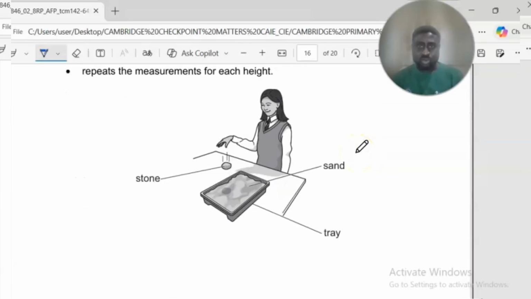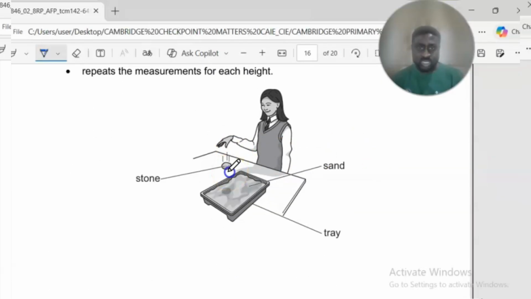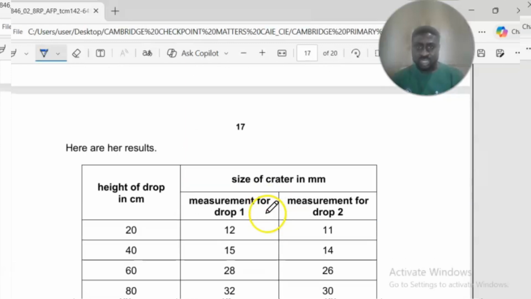So let's go back to the model again, or the image, as you can see. So if this drops here and forms a crater, how do you measure the height from here to here, or the distance or the size covered? So to do this, you will need to use a rule or ruler. Does that make sense?